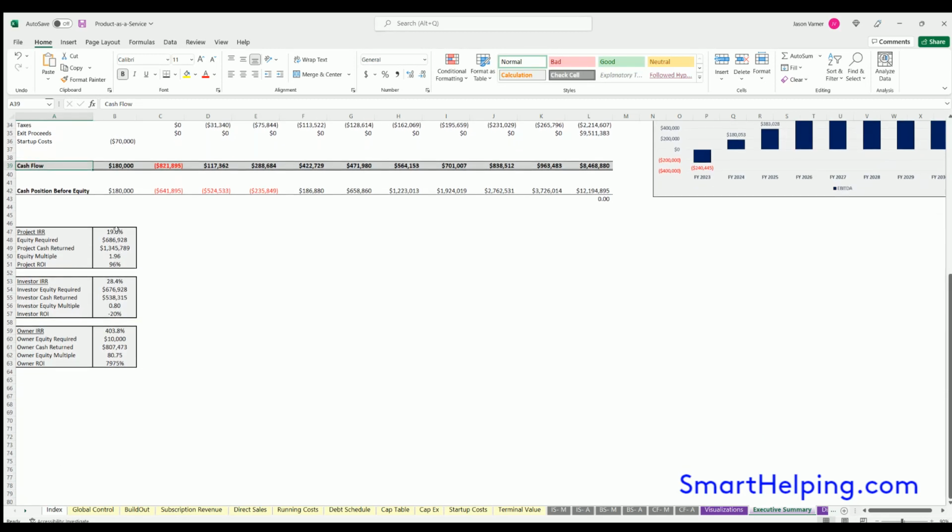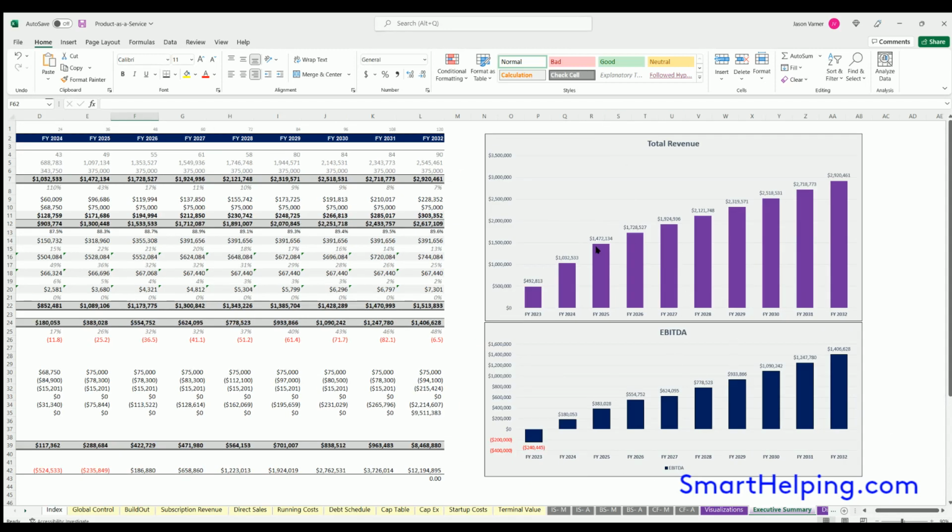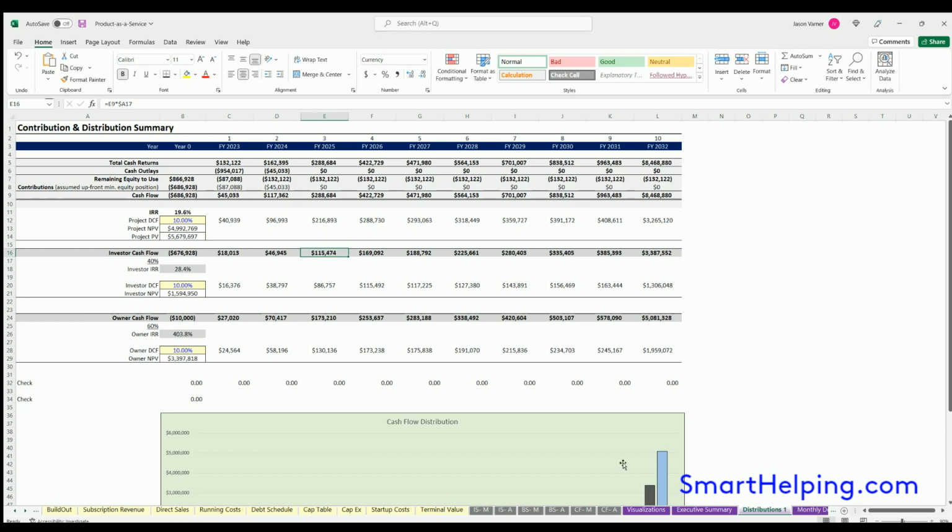And we've also got IRR, ROI, and equity multiple for the project as a whole, as well as for the investor and the owner. You've also got some revenue and EBITDA assumptions here by year. We go over here, distributions. This is just kind of cash flow analysis.